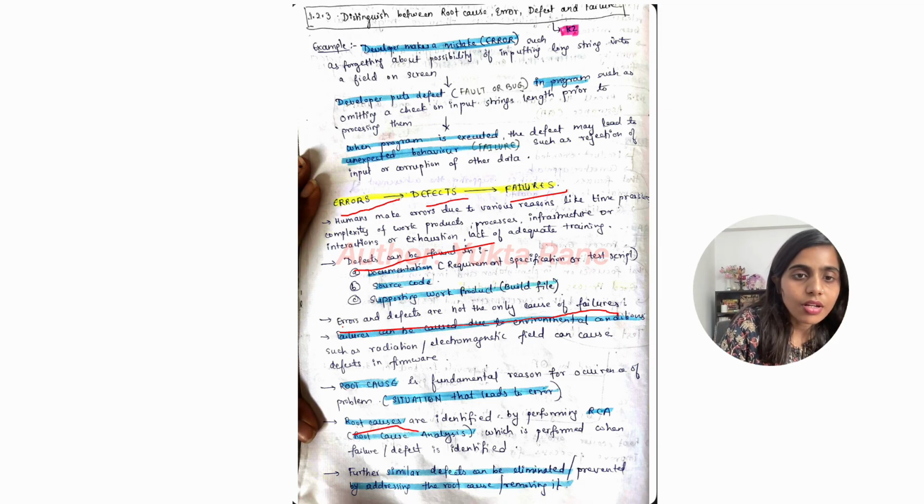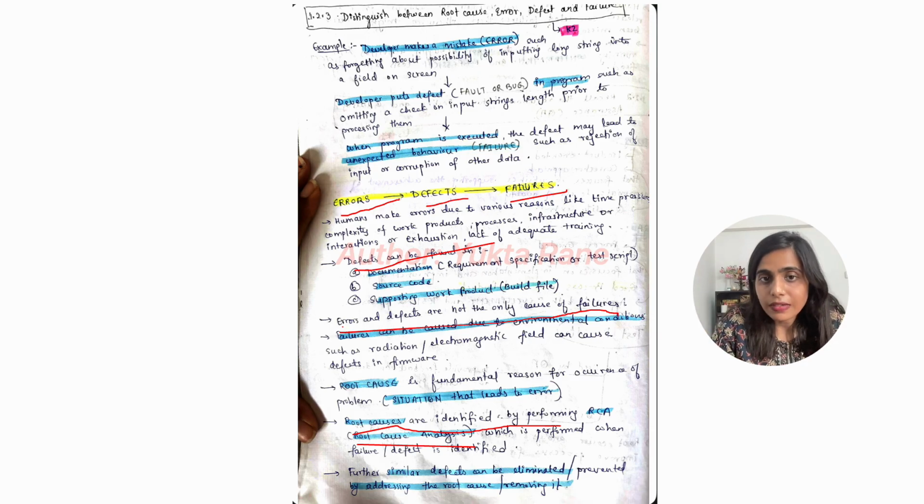Now, root causes are identified by performing root cause analysis. If you find out one defect and if you fix that defect, you might be able to fix all the defects which might occur as a chain effect of that defect. So that's why finding each and every defect is very important in testing.